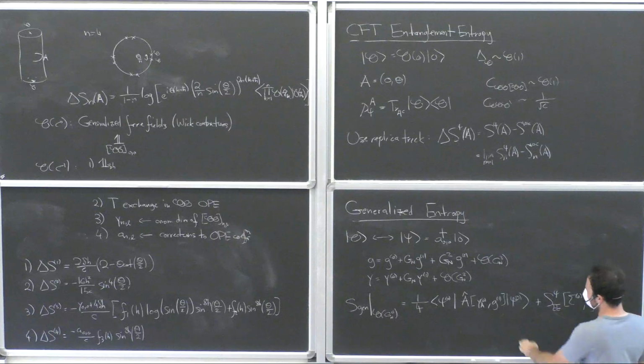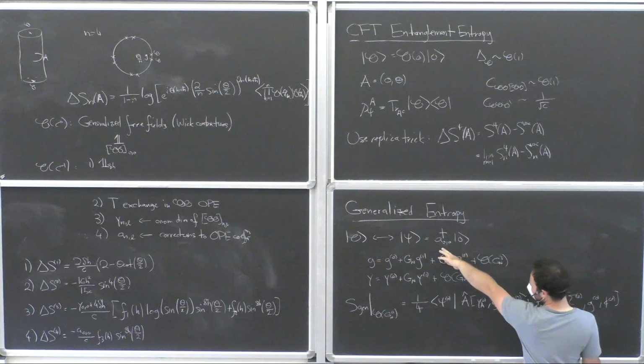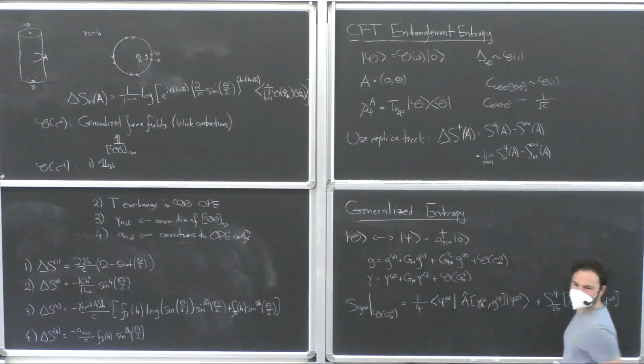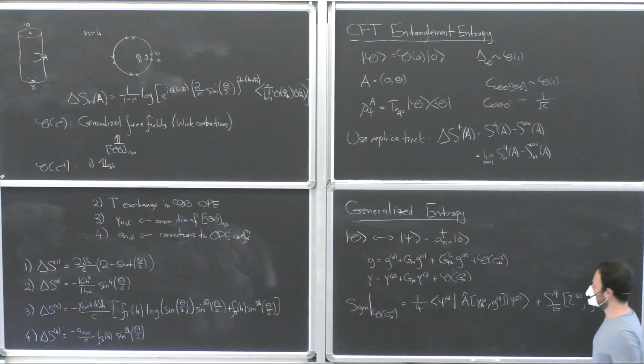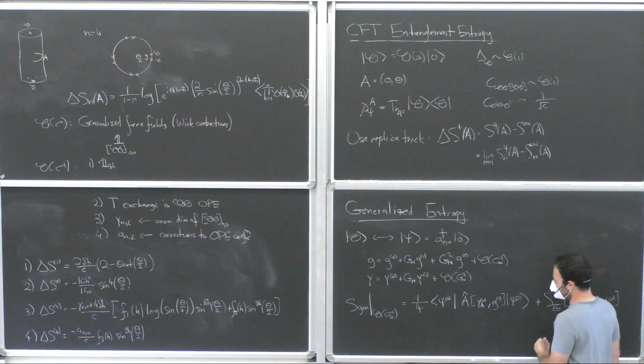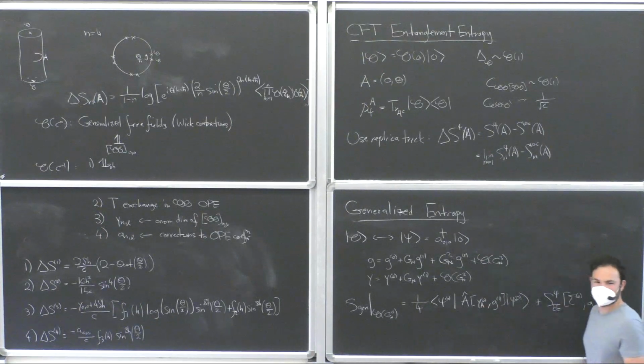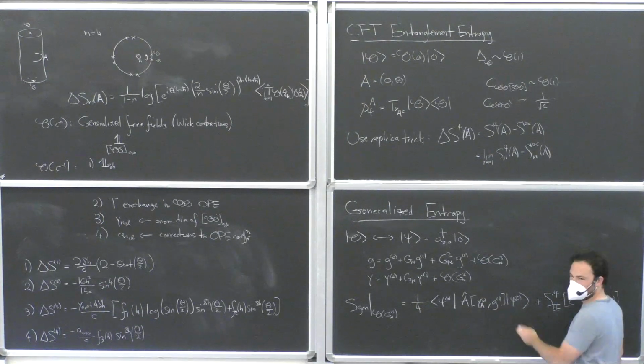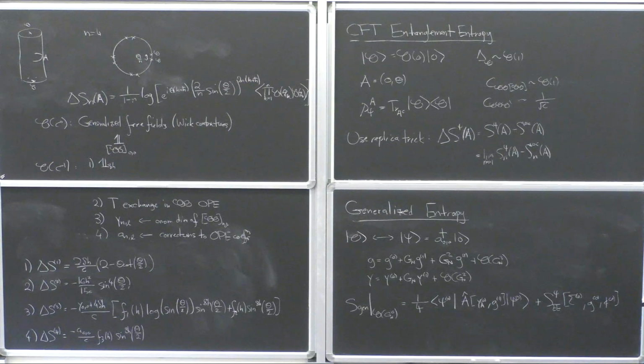Okay, so this G1 comes from taking this scalar field that I've canonically quantized, computing the expectation value of the stress tensor, back reacting on the metric. That gives me this G1. And then I compute the area of the classical extremal surface with that new metric. And that gives me some contribution to the area term at order G Newton to the 0, and then I compute the bulk entanglement term.